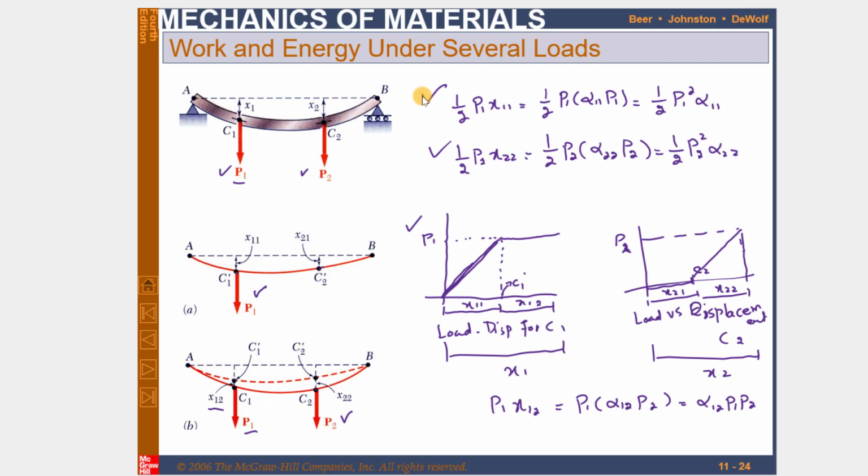Now there are a total of three types of work. One is this one, the second is this one, and the third is this one. And we know that total work done is equal to the strain energy. So we will add them.